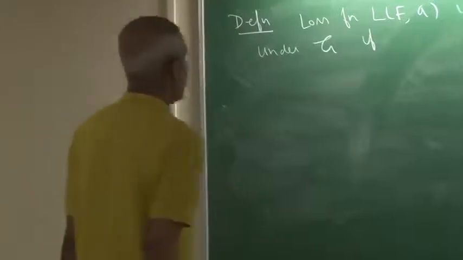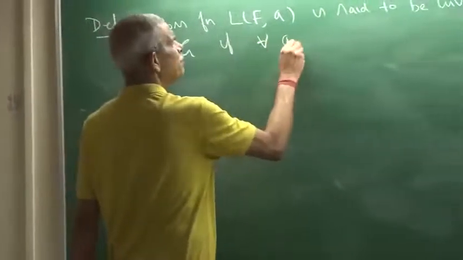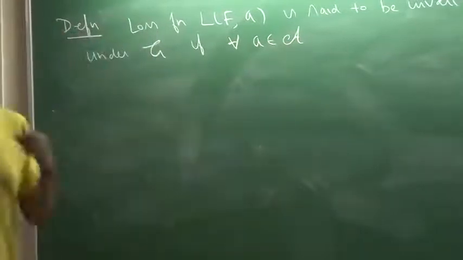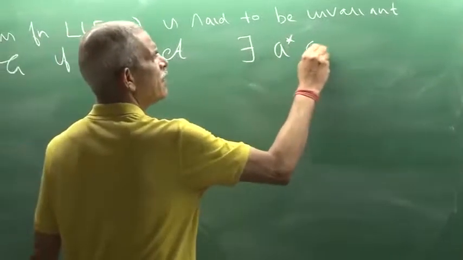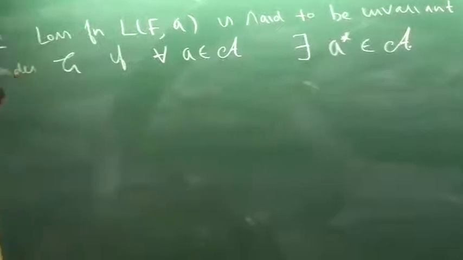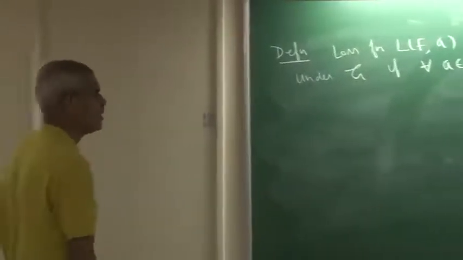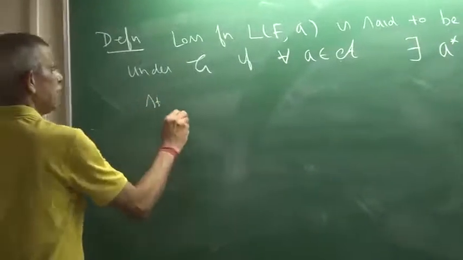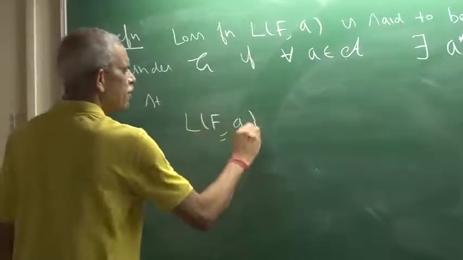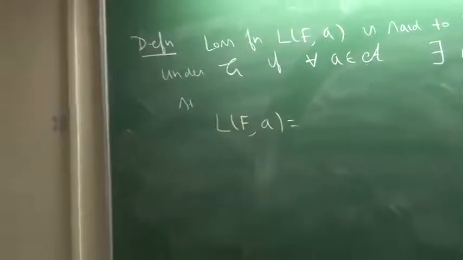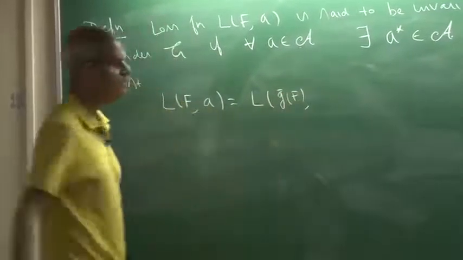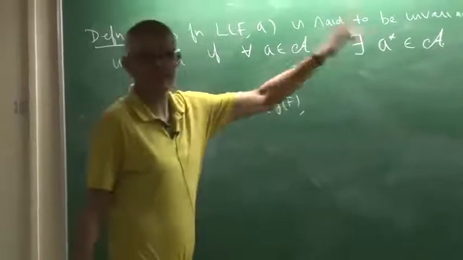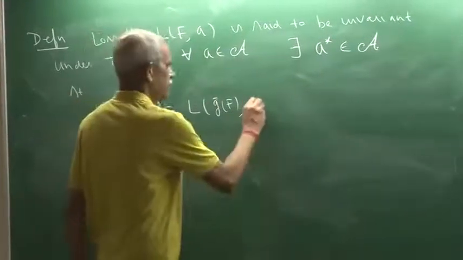So that means for any action in the first problem, there is an equivalent action in the second problem. There exists a star belonging to A. The two action spaces are the same in the two problems, so there exists another a star in A such that L(f, a), which was the loss in the first problem, is the same as L in the second problem. f has become g bar f, and there is some different action which gives me the same loss.